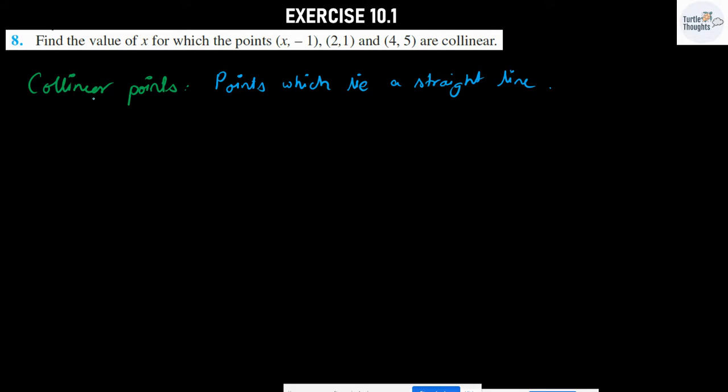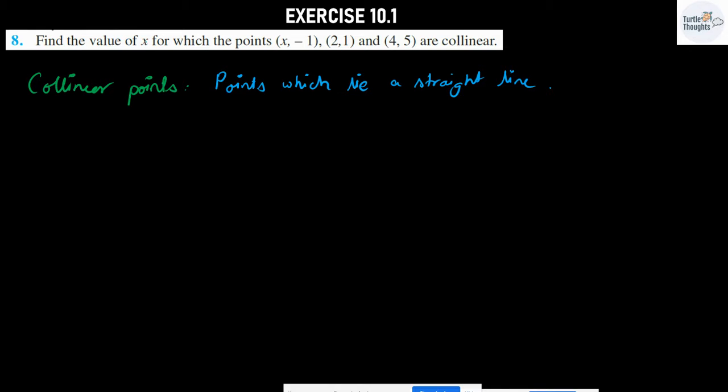Do you know what collinear points are? Points which lie on a straight line are called collinear points.